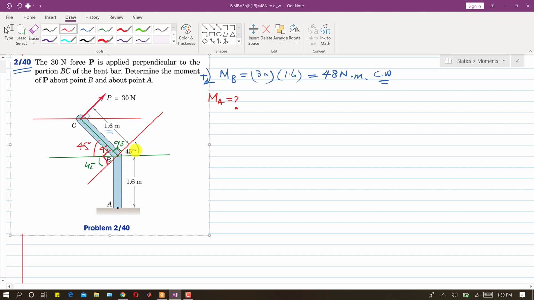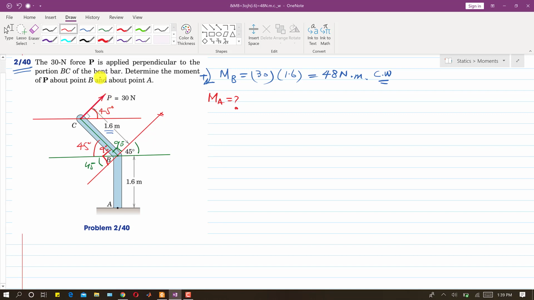So this 45 degree angle and this 45 degree angle are both the same, right? This line is also perpendicular to this BC arm, and this force P is also perpendicular to this BC arm. And this line is horizontal, this line is also horizontal. This means that this angle is also 45 degrees, right?